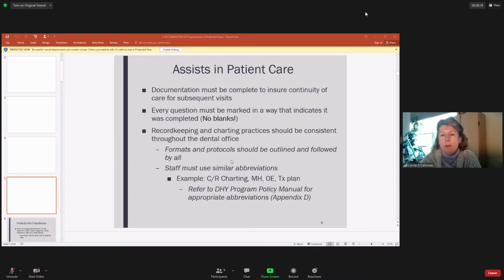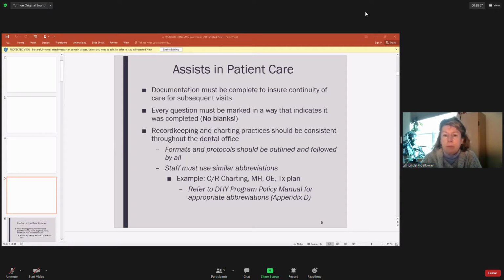So what this is trying to say is that you're going to work at multiple offices, multiple sites, and you need to learn what that facility uses, so that when another person reads your documents, they can understand your abbreviations, because they're universal for your workplace. If you use an abbreviation and nobody understands what you're trying to say, you have let patient care become compromised, because you've documented and nobody knows what you're saying.